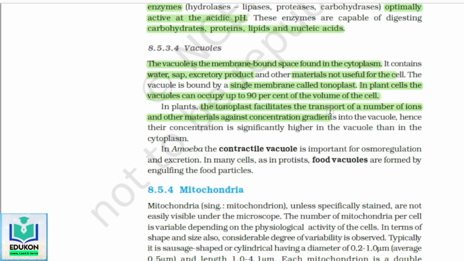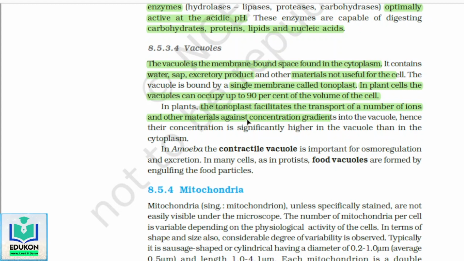We studied membrane transport, how the transport of molecules or ions takes place in the plasma membrane. There is a passive method, where energy is not involved, and there is also active transport, where energy is involved. Okay, so here the tonoplast, the membrane surrounding the vacuole, facilitates the transport of a number of ions and other materials against the concentration gradient.